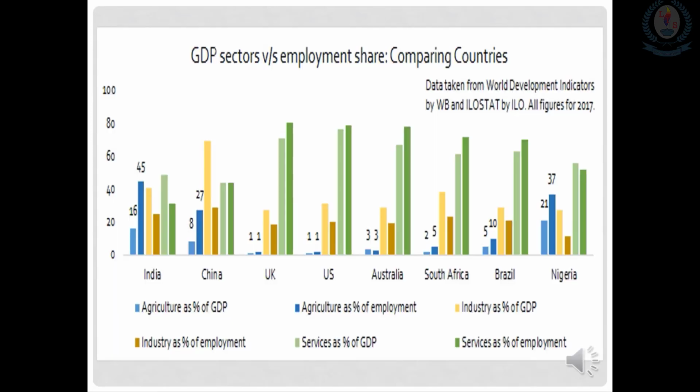Children, this graph indicates employment by sector in different countries. Here, China and India are newly industrialized countries. USA, UK and Australia are developed countries, whereas South Africa, Brazil and Nigeria are considered developing countries. Employment in the agriculture sector is very low in developed countries in comparison to the other countries.